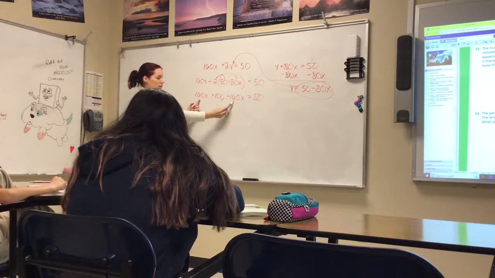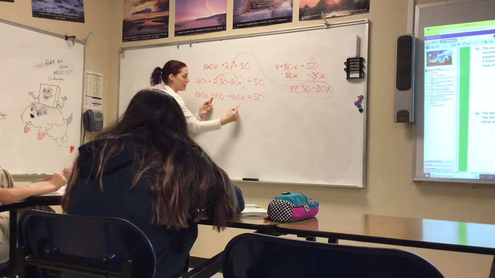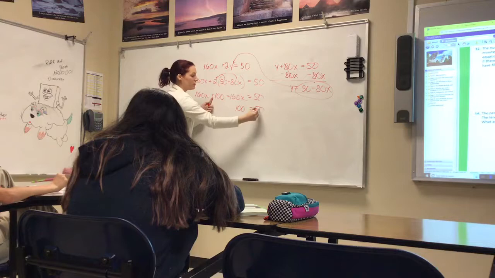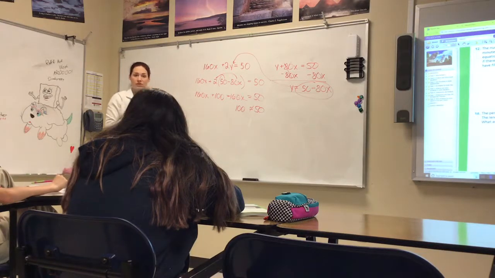What happens? The 160 and minus 160, the x's go away. I get 100 equals 50, but it doesn't equal. That's a no solution. So you can go through and get no solution that way as well.